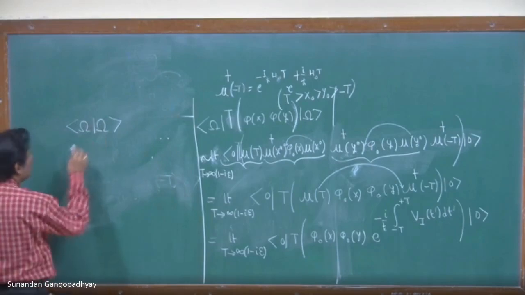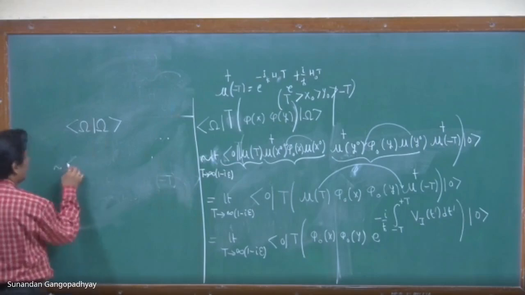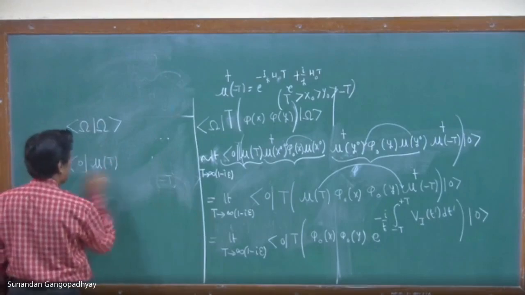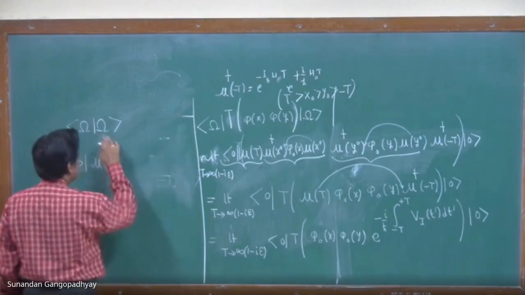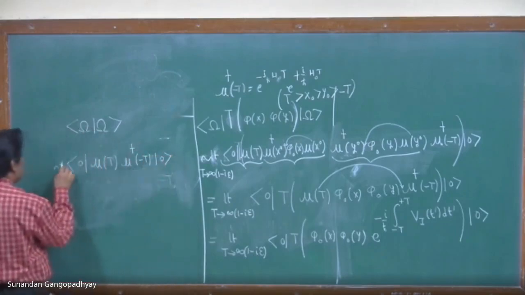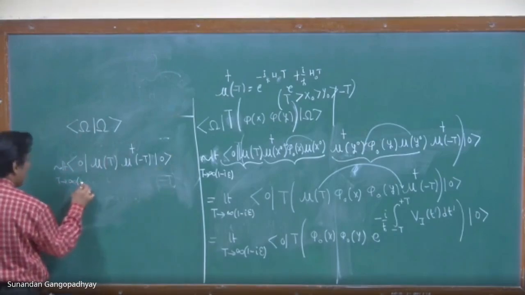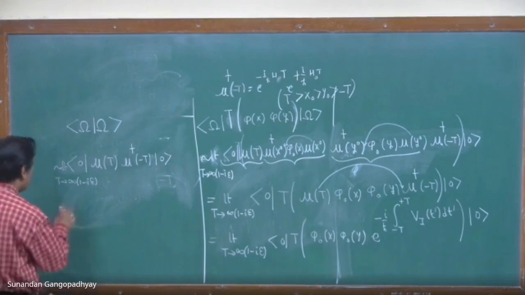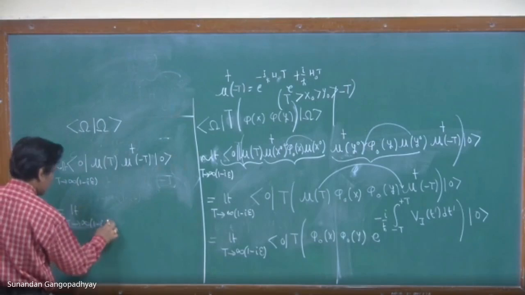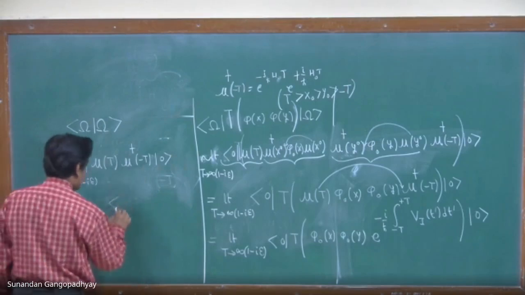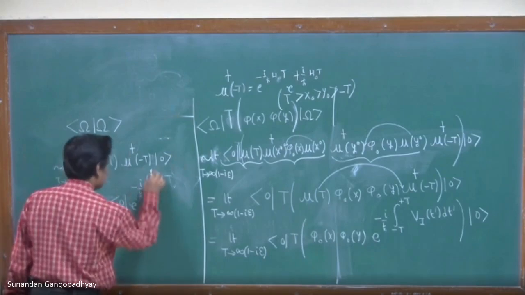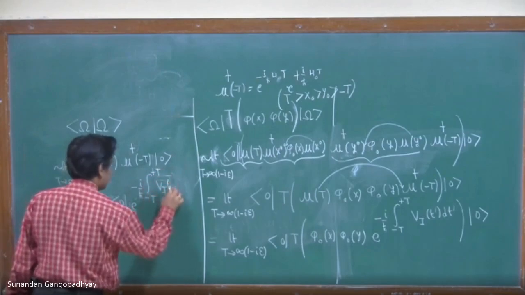Again, up to a factor, this is ⟨0|U†(t) U(t)|0⟩, where the ket is U†(−t)|0⟩, with the limit t going to infinity(1 − iε). This is once again the integral from −t to t of the interaction.